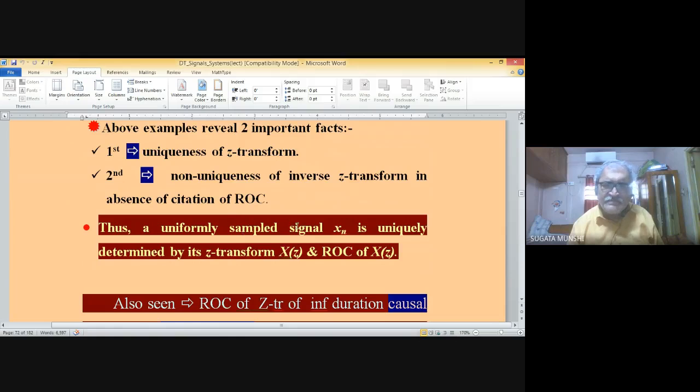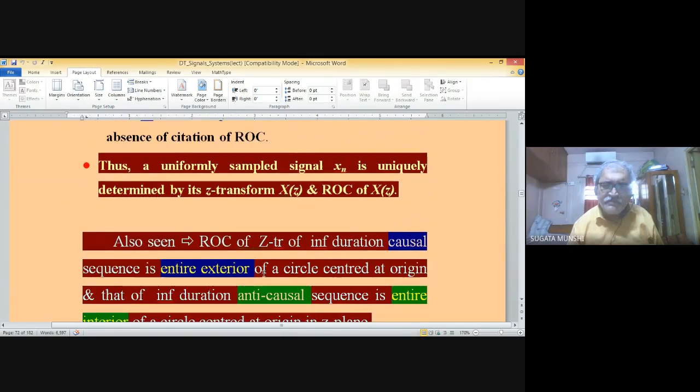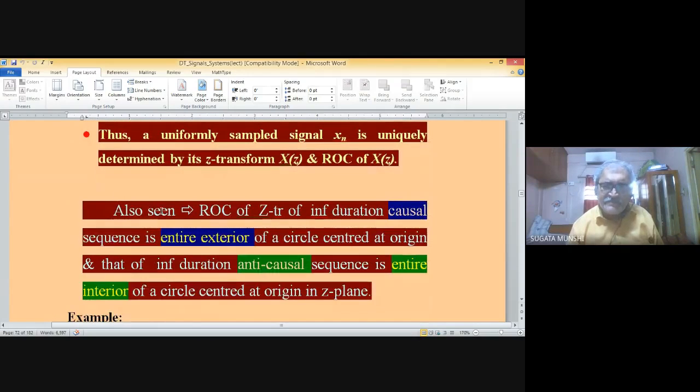Thus, a uniformly sampled signal x[n] is uniquely determined by its z transform X(z) and ROC of X(z). It can also be seen, as I have already mentioned, ROC of z transform of infinite duration causal sequence is the complete exterior of a circle. And for the infinite duration anticausal sequence, it's the complete interior of a circle centered at origin in the z plane.